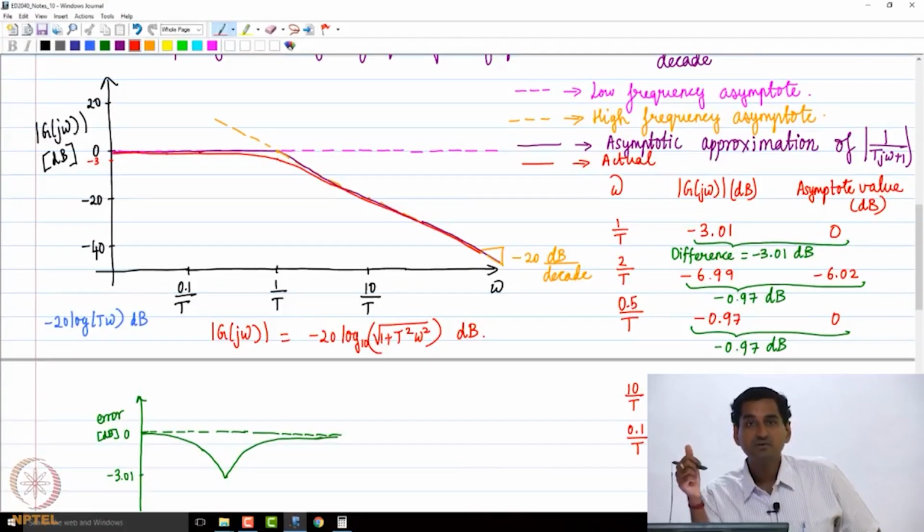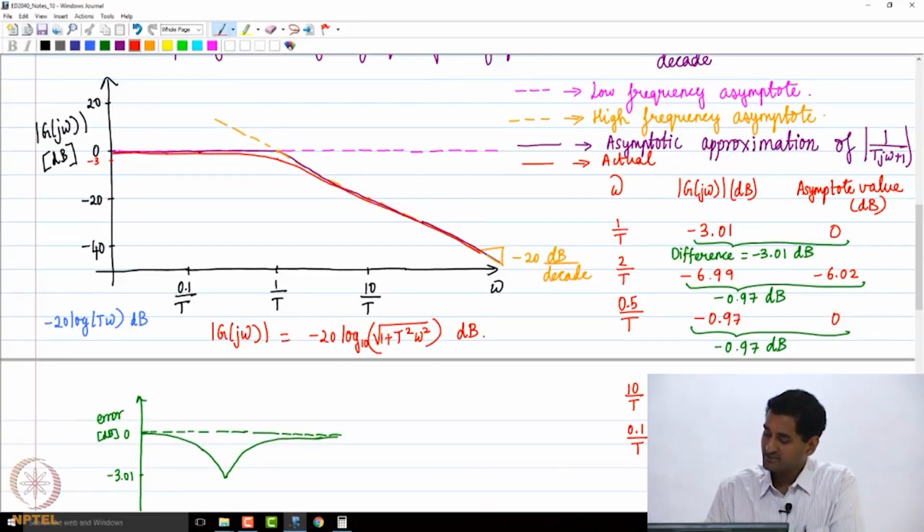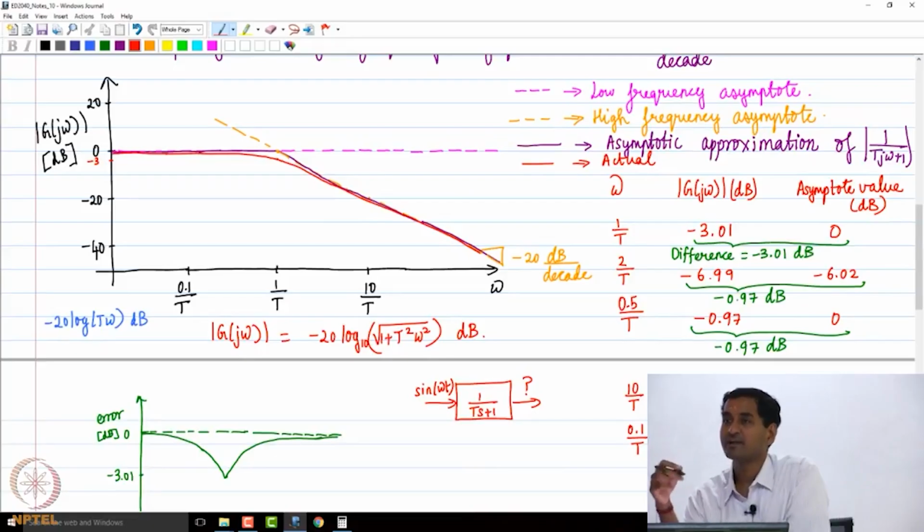Because if you consider this 1 by Ts plus 1 as a block, and you provide sinusoidal inputs, sin omega t or cos omega t, and then ask yourself the question, what am I going to get as the output.